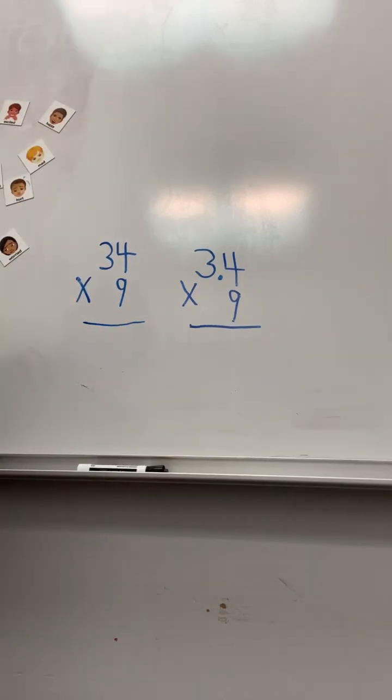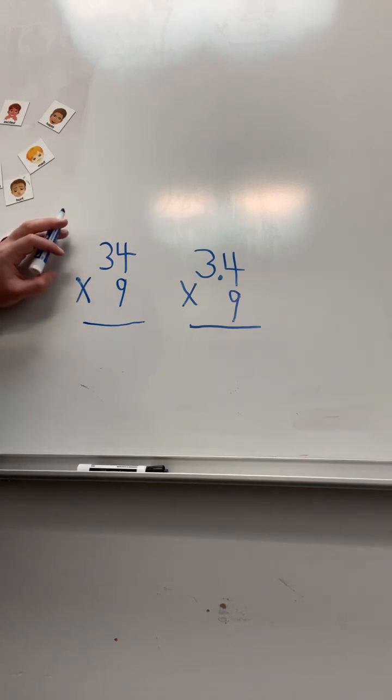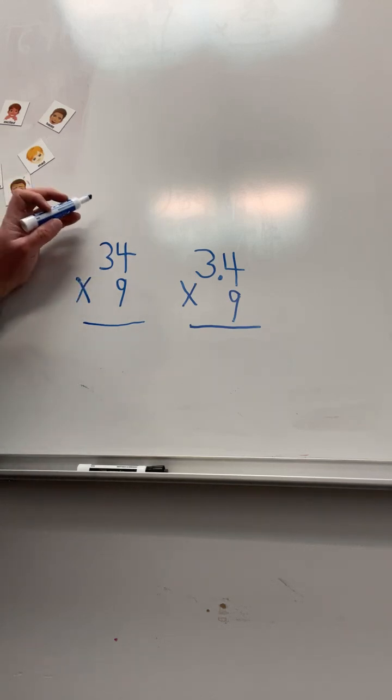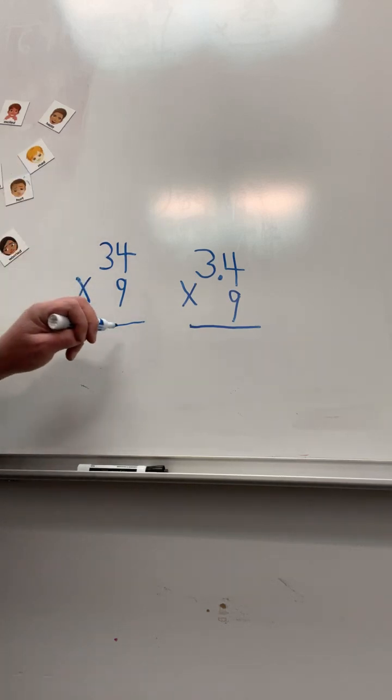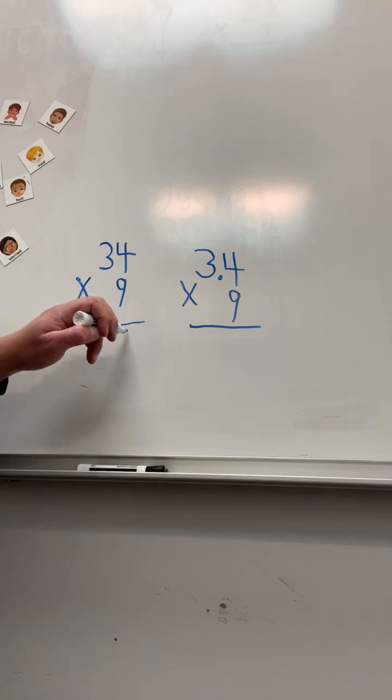So, 34 times 9. I'm going to solve that first. 34 times 9, the first thing we do is multiply the digits in the ones place. 4 times 9 equals 36. So I'm going to put a 6 in the ones place.